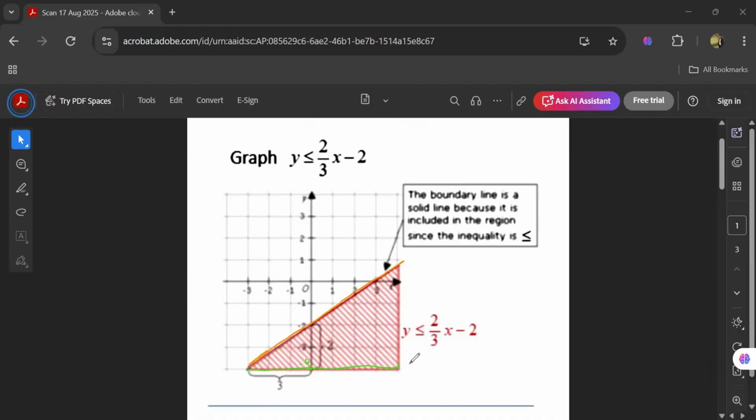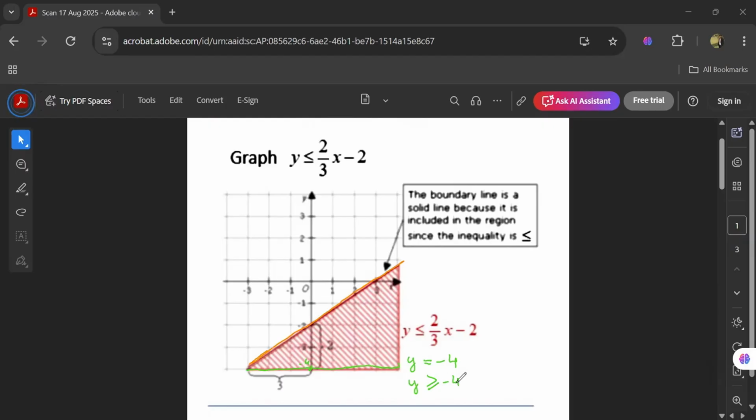The equation of this line will be y is equal to -4. Now check out, the shading is above this green line. So changing this into inequality, y is greater than and equal to -4. This will be the inequality for the green line.